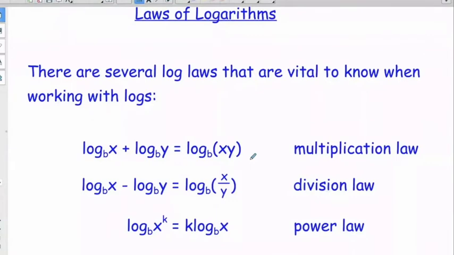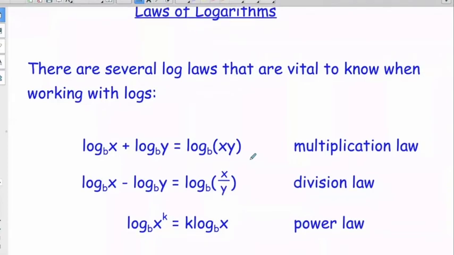If you want to go on YouTube and find out the proof of these, that's absolutely fine. They are quite interesting. Well, I think so. You might disagree, but there's no requirement to know these proofs. You do have to know the rules, though. The rules aren't given in your formula booklets, so you do have to know these forwards and backwards.